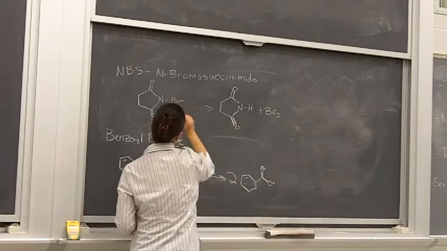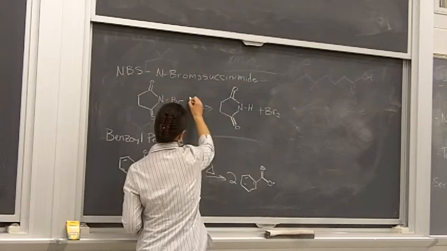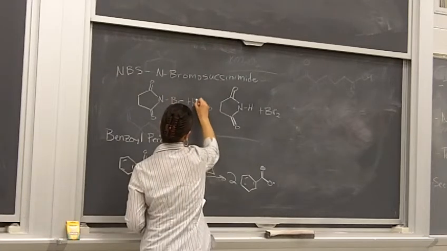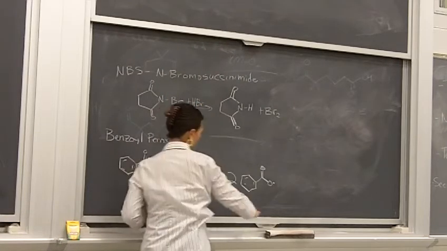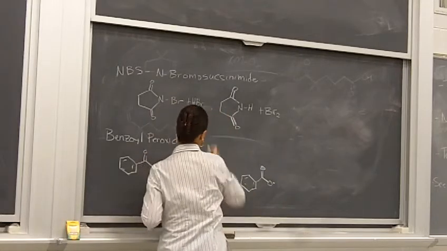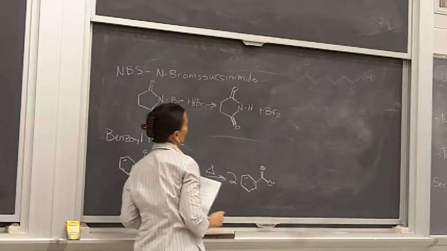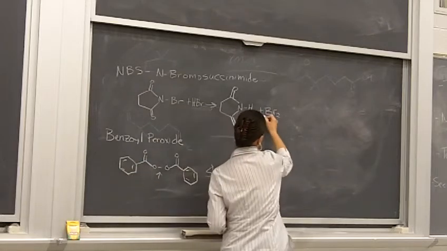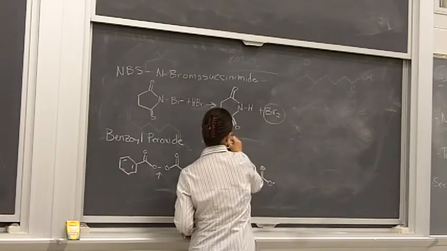So the N-bromosuccinimide reacts with HBr, which I'll show you here in a little bit where that comes from, and then we get just succinimide. And then this is our source of our bromine.